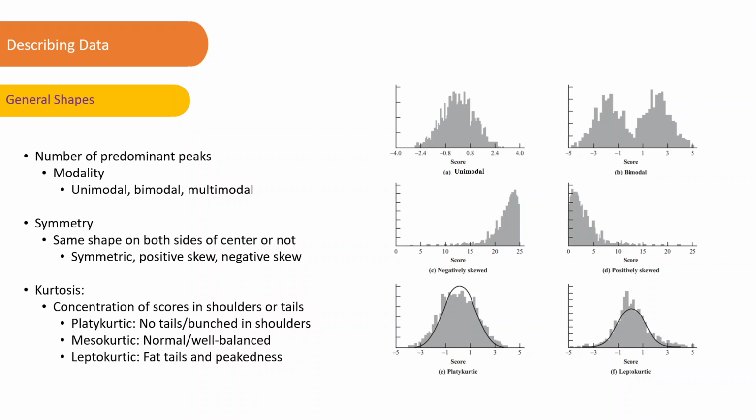If you compare the leptokurtic to the platykurtic, you can see that with the platykurtic, the tails really are kind of skinny, more of the scores are bunched in the shoulders, and that's the opposite with this leptokurtic where we do have tails. So the modality, the symmetry, and the degree of kurtosis, these are all ways that we can describe the general shapes of our distribution of data.